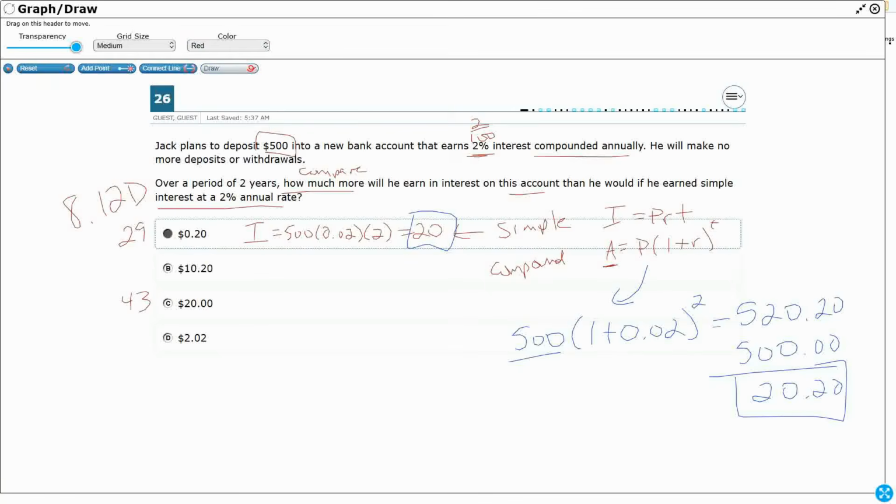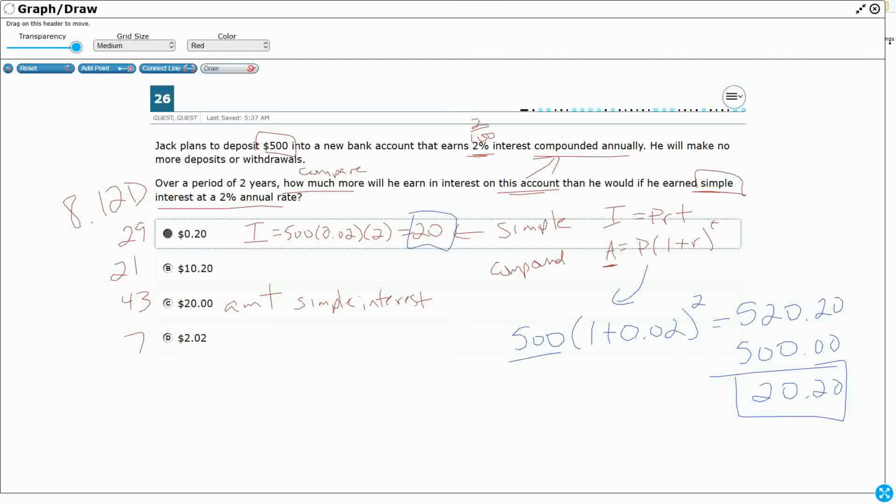43% of our students got $20. How did we get $20? Well, this is just the amount of the simple interest. So some students did the first step and they just stopped. They didn't see this compare. They didn't see that we were looking at this account referred to as compounded annually.